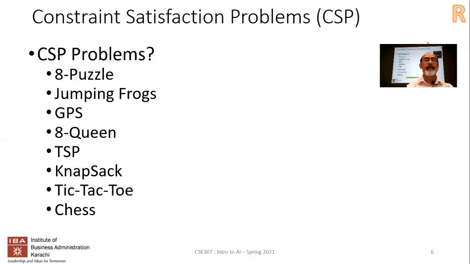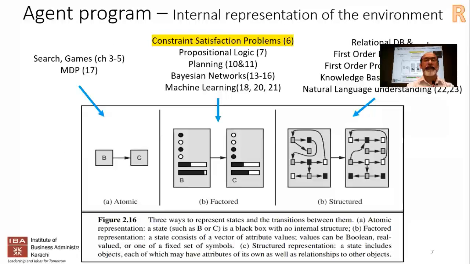And we saw how the map coloring problem was a typical example of a constraint satisfaction problem. We looked at how the constraint satisfaction problem is a factored view of the environment, which was different from the earlier views of the environment, which were up till now atomic.